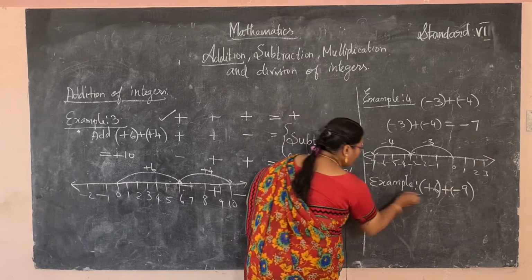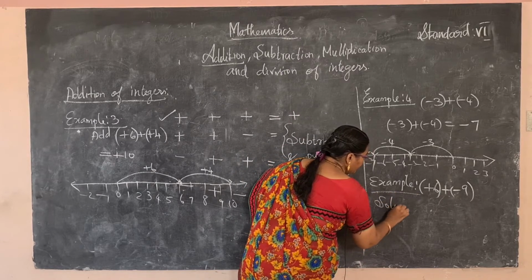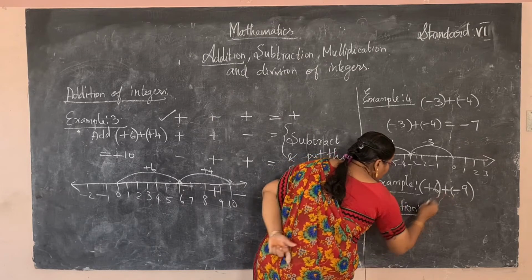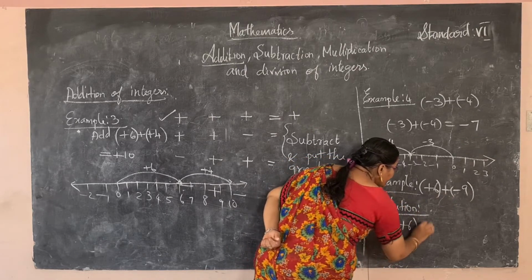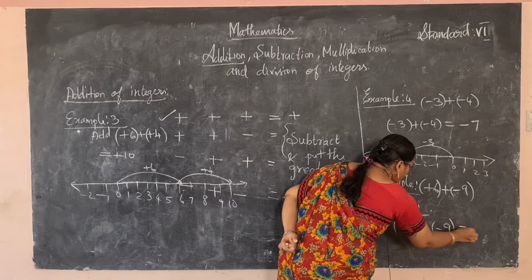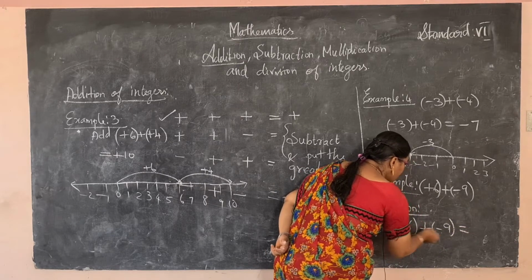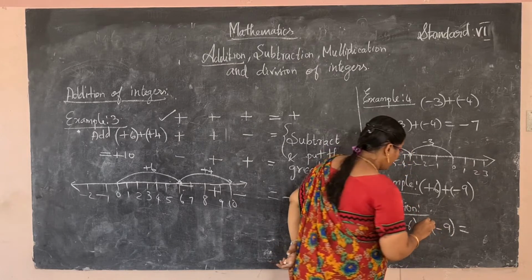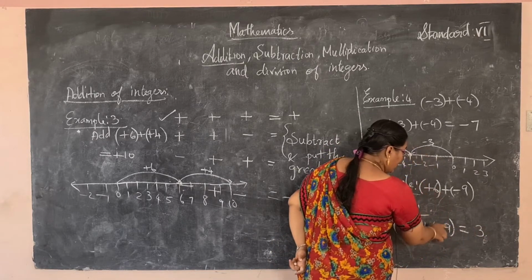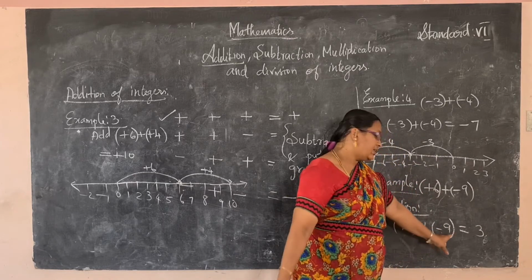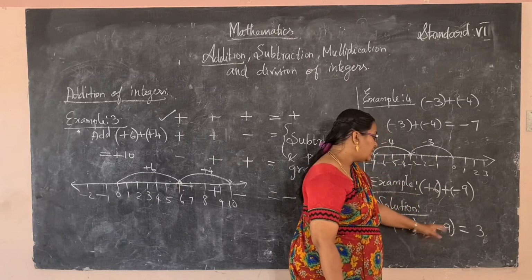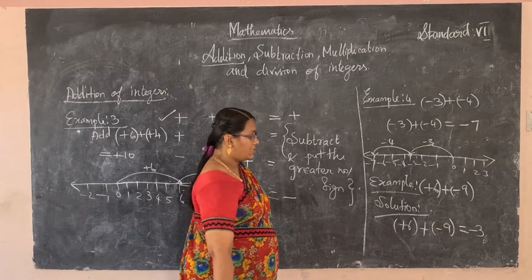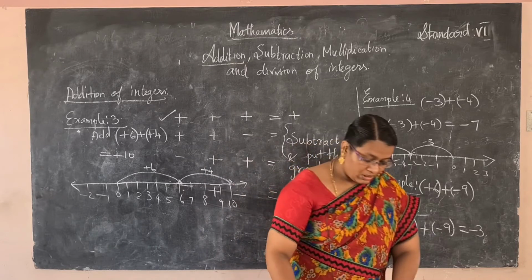Subtract and put the greater number's sign. So plus 6 plus minus 9: first subtract, 9 minus 6 is 3. The greater number sign: which one is greater? 9. Which sign has it? Minus. So minus 3 is the answer for this one. Now move to the subtraction of integers.